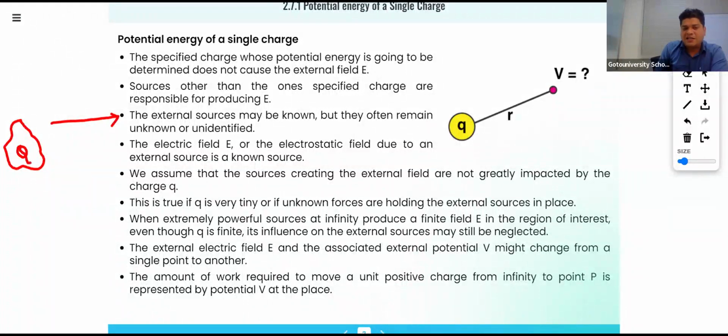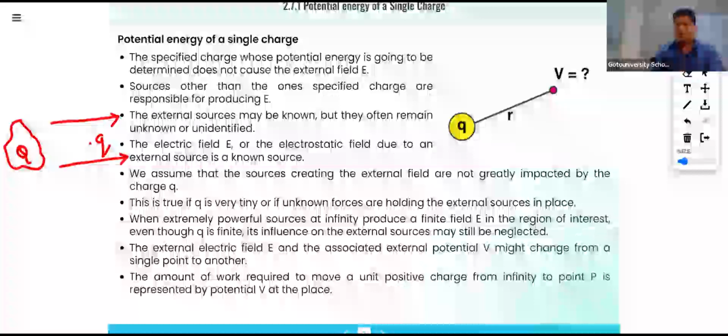This Q charge is not responsible for producing this external field. It is produced by some other means, neither by this charge nor by this charge. Third point: the external sources may be known, but they often remain unknown or unidentified. Clear?